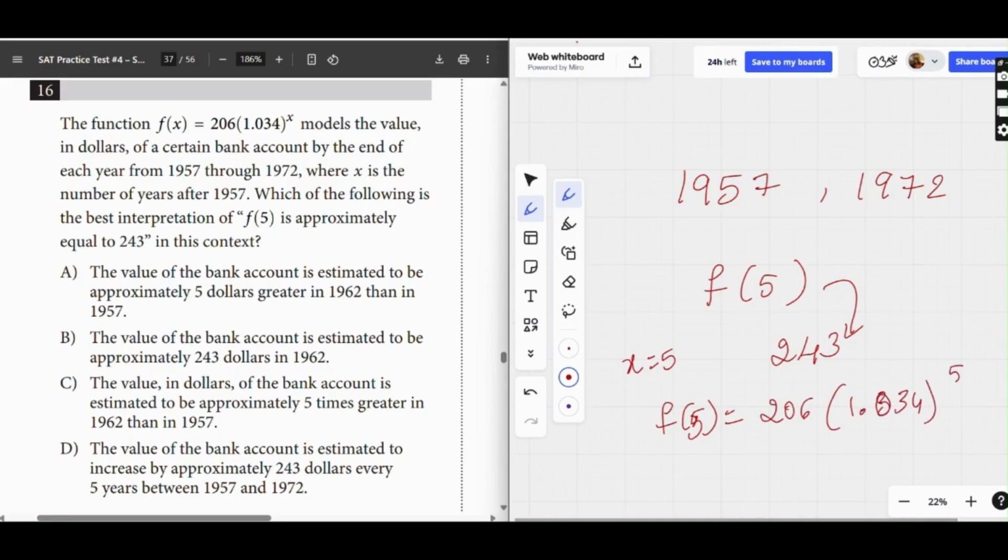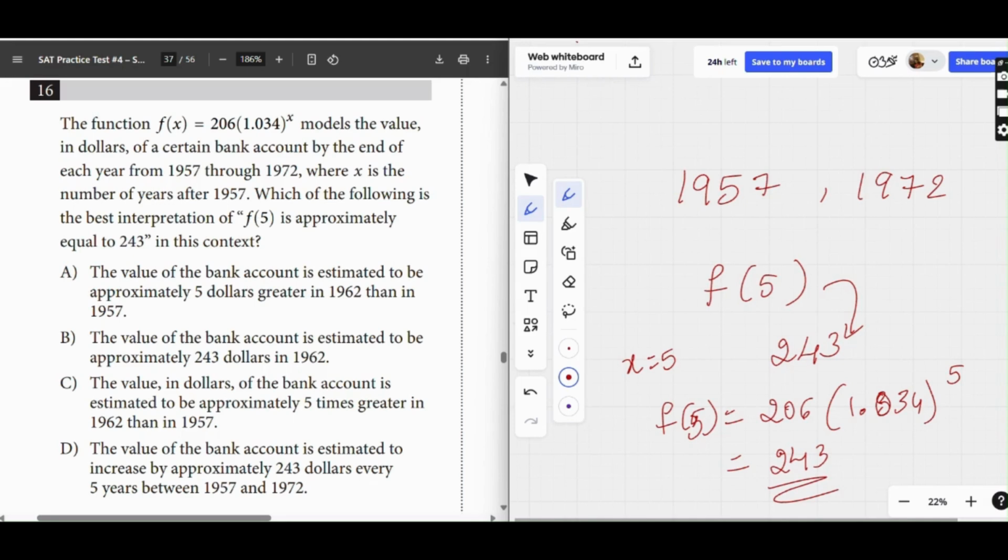So 1.034 to the power 5 is going to be 1.18 something. That multiplied with 206 is 243 something. So this is what this given function is saying right now.